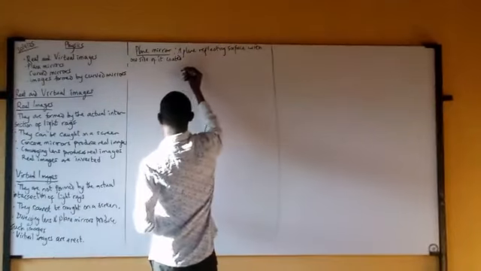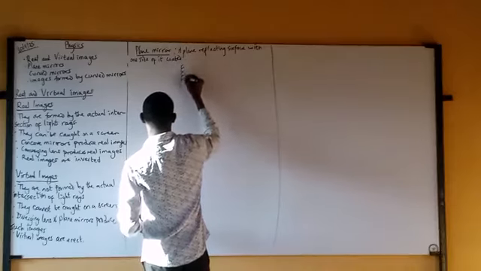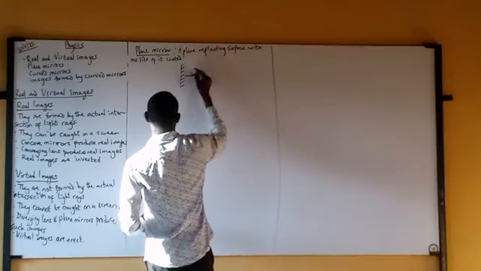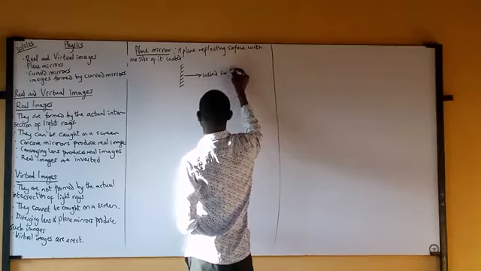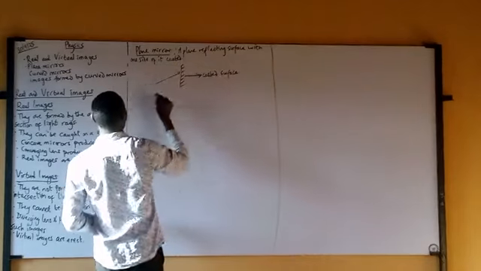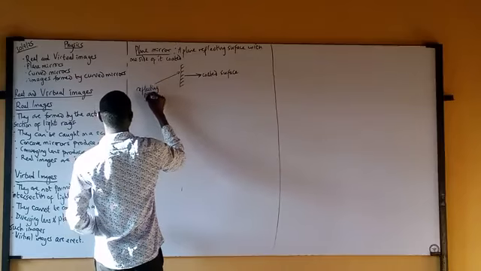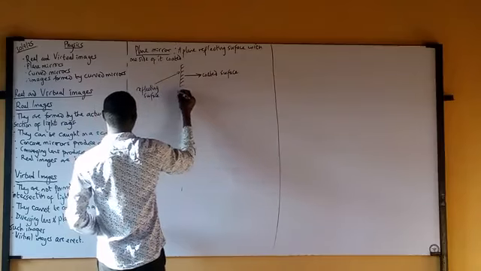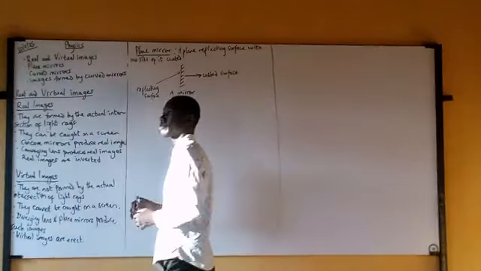So, for example, we represent the plane mirror as this. This part that is shaded is the coated surface, while this part is the reflecting surface. So this is the mirror. You have the mirror here.